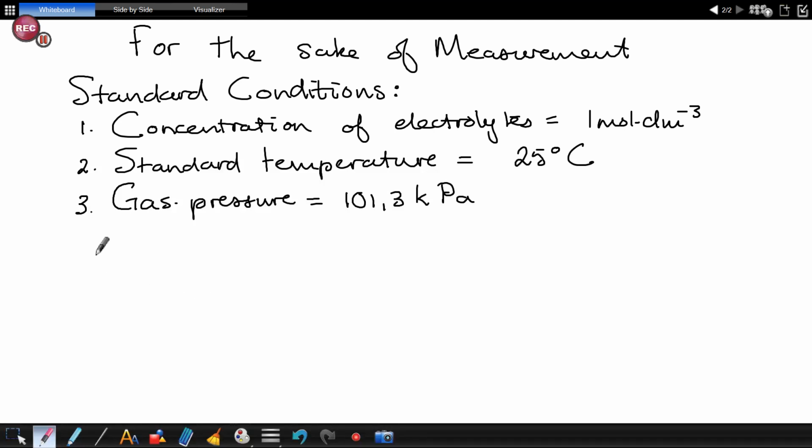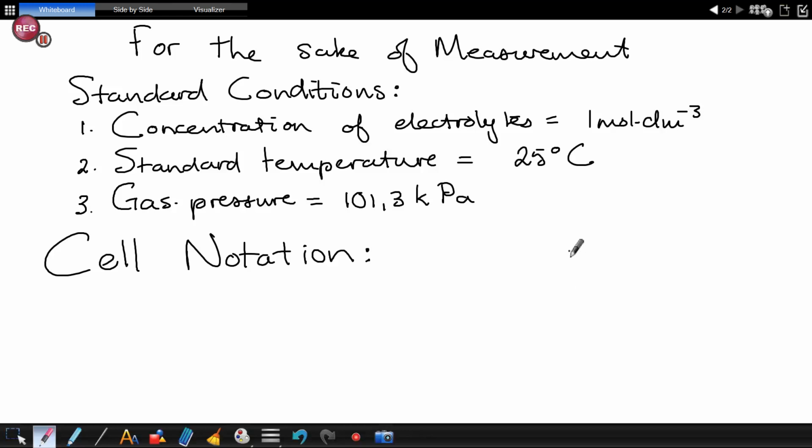I want to talk about cell notation next. Cell notation is a quick and short way to represent a voltaic cell.